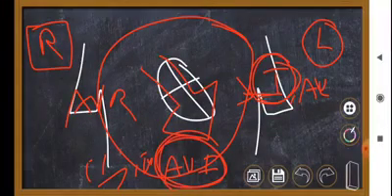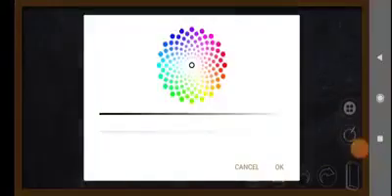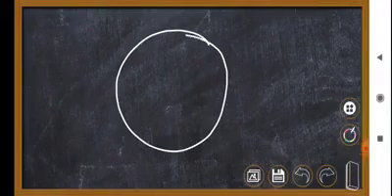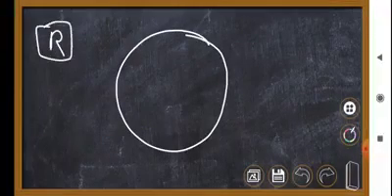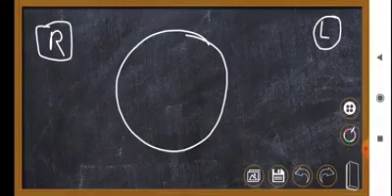And to make it simple, I will be drawing only this surface, this circle here. So this is our circle, and this is the right side and this is the left side.